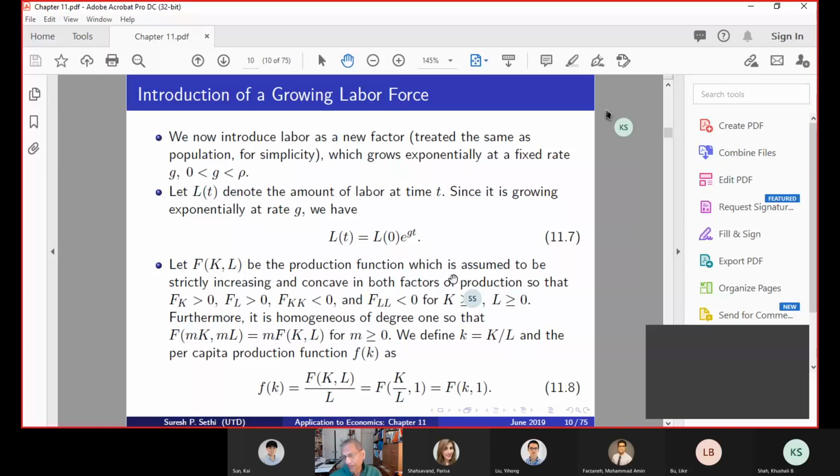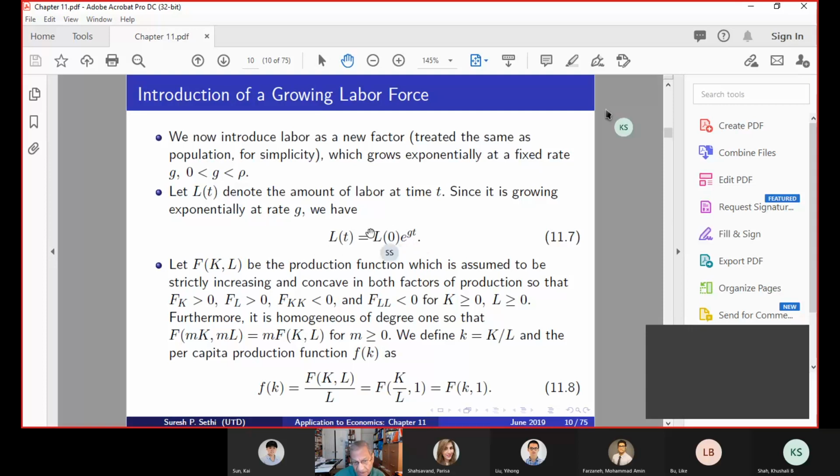So now we have a more standard model. The model is a model of two-sector production. This two-sector production says that production function is a function of capital and labor. And labor in this model is given to grow at the rate g exponentially.